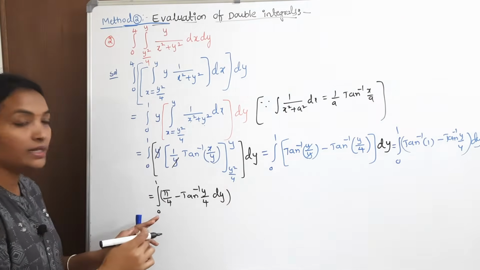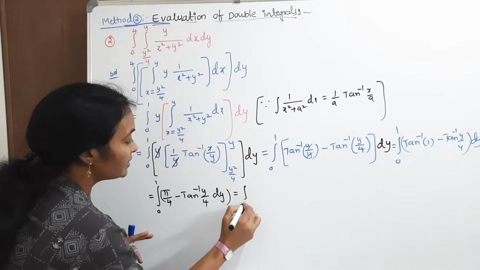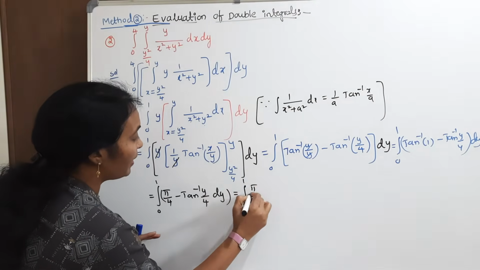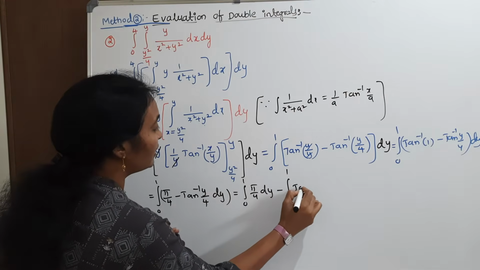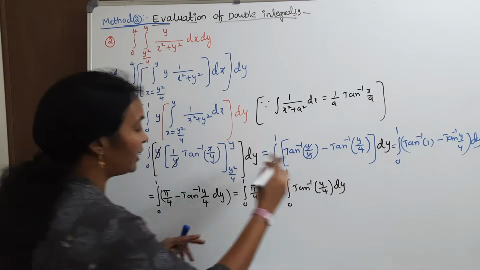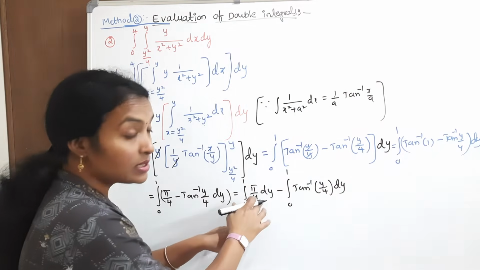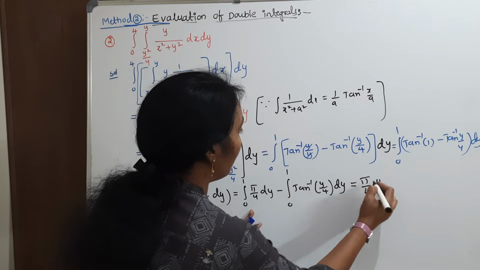Now you can integrate with respect to y here. One part is integral 0 to 1 of pi by 4 dy, and the other is integral 0 to 1 of tan inverse y upon 4 dy. If you integrate this, the constant integrates to y, so we get pi by 4 into y.